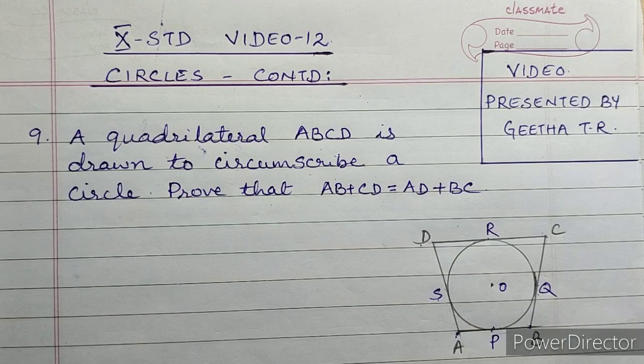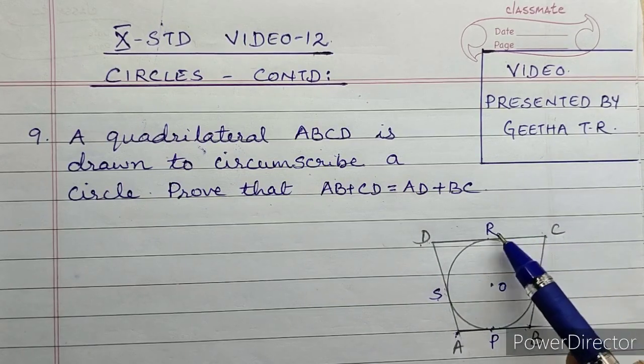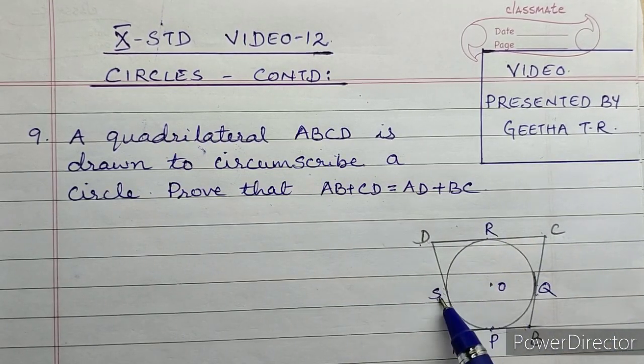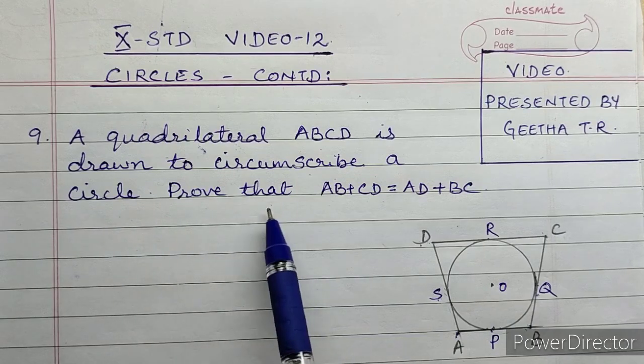And you have already learned the theorem, tangents are equal. From an external point, if you draw 2 tangents, the tangent lengths will be equal, which is theorem number 2. So that means AP is equal to AS, PB is equal to BQ, CQ is equal to CR and DR is equal to DS. So this much you have to understand from this diagram. Now we will come back to the to-prove part.